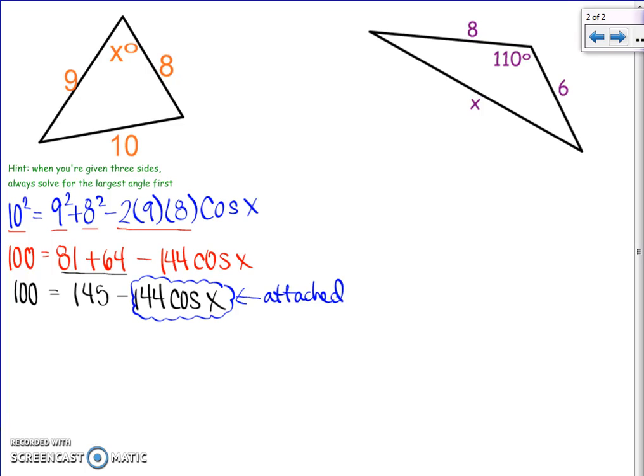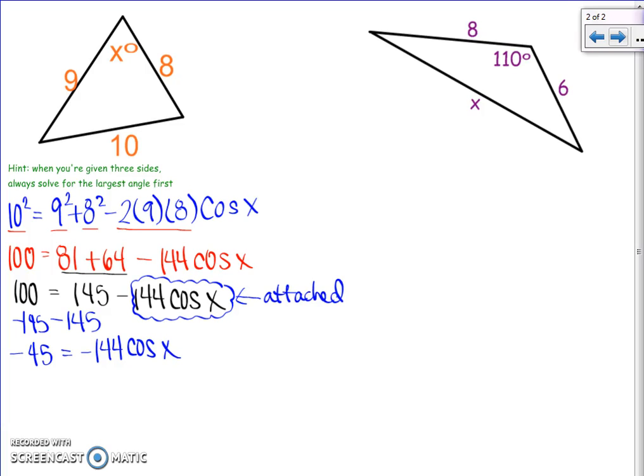So how are we going to get cosine x a little bit more alone? What should we do to both sides? Yes. Okay, so now we have negative 45 equals negative 144 cosine x.